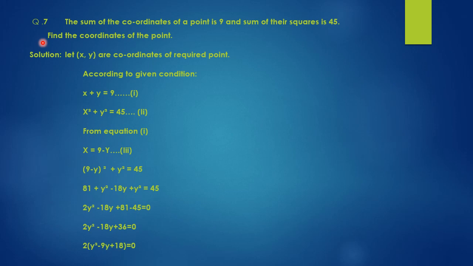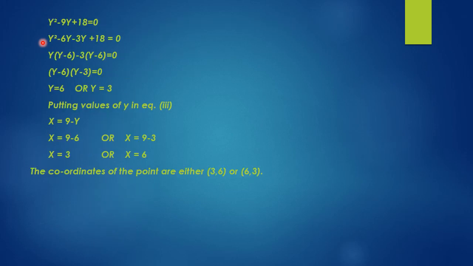So 2 is common, y square minus 9y plus 18 is equal to 0. Dividing by 2 on both sides.